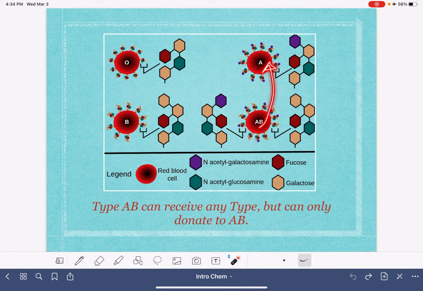They cannot donate to somebody who has type A because the type A body does not recognize this particular strand. They cannot donate to somebody with type B because that body does not recognize this particular strand. Type AB blood can receive type B, type A, and also type O.